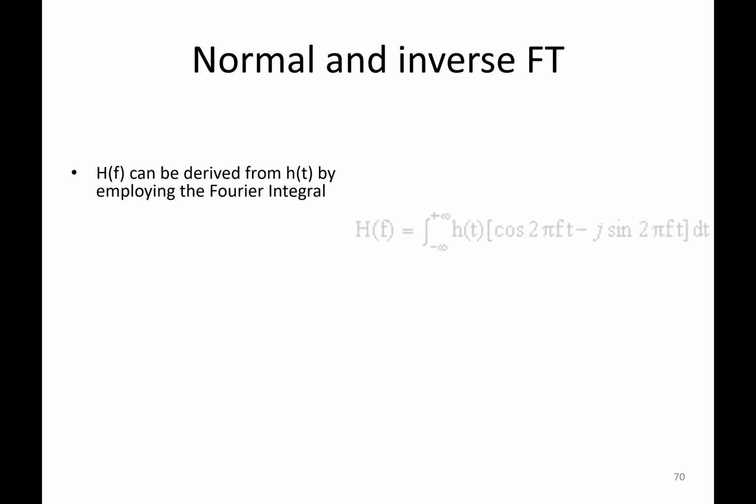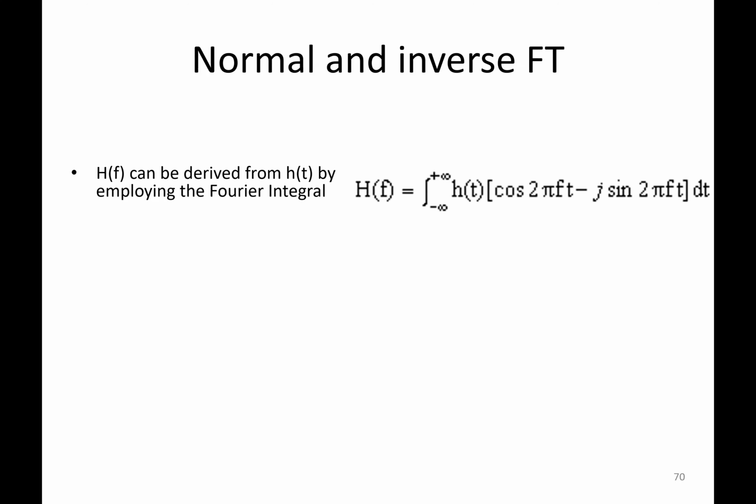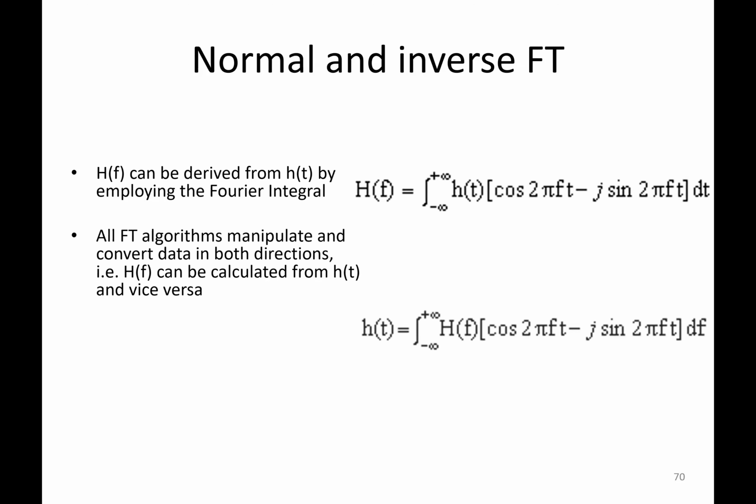This is, for example, again, cosines and sines. It's the inverse, and that is a mathematical function there. Then you're changing the spectra in the frequency domain to the time domain, small h sub t.